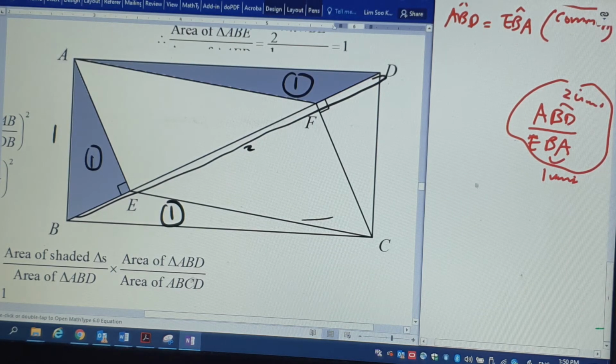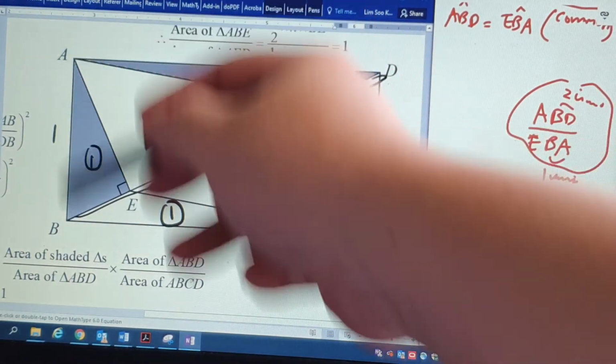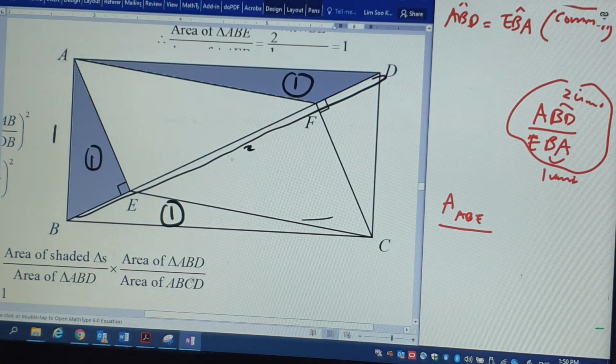Oh, what does this mean? It means that if I were to find this area over this area, the small one over the big one, you'll have the area of ABE, the small one at the bottom, over ABD, that means the small one over the big one. Don't you agree?